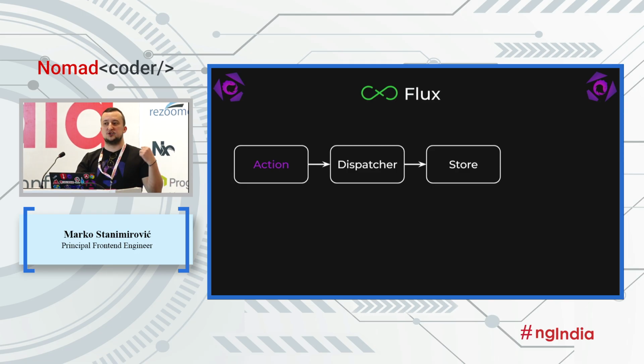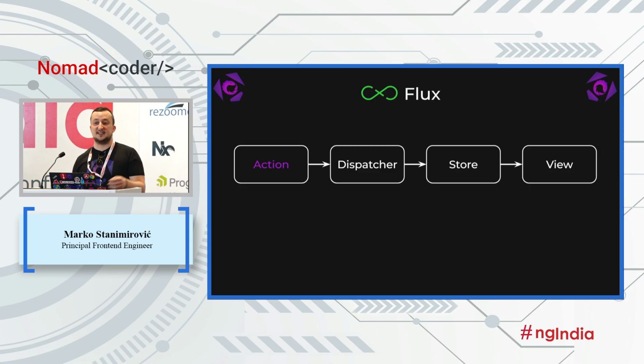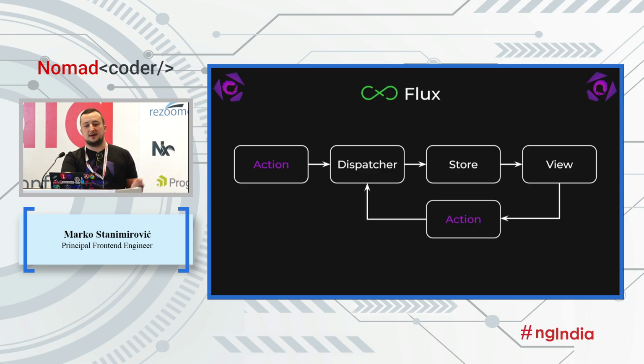What will then happen? In the store, we can perform a side effect or update the state, and the updated version of our state will be displayed in the view. When some other event happens, like a user event, when we click on some button on the view, another action will be dispatched to the dispatcher, the state will be updated, then the update will be reflected on the view. This flow will repeat over and over for each event in our system.